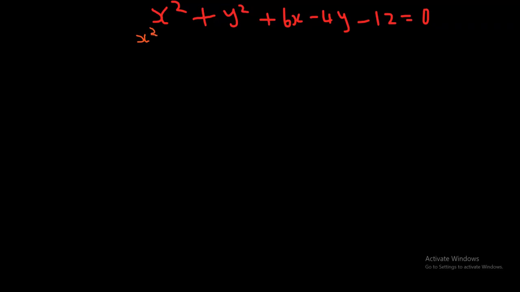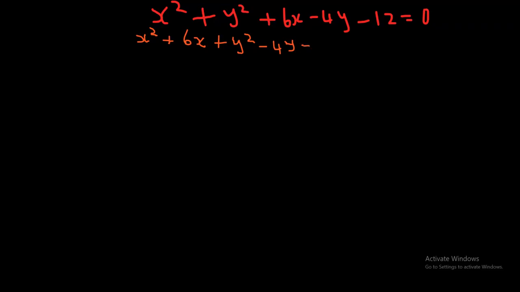For example, you're going to have x squared and then plus 6x. Just try to have them next to each other, so at least it becomes easy to solve. Then, continuing with y, we'll have y squared and then minus 4y.